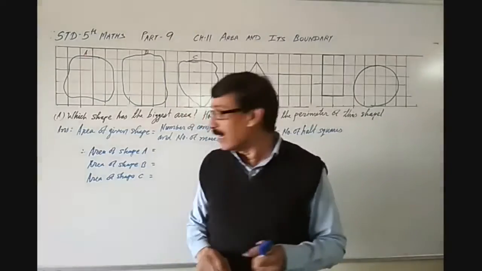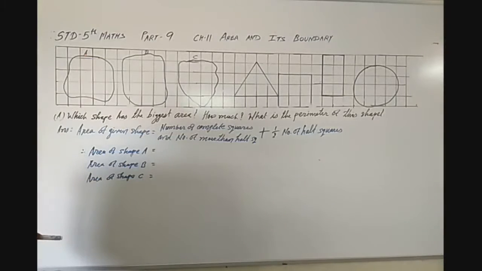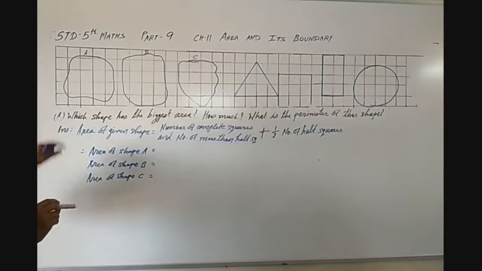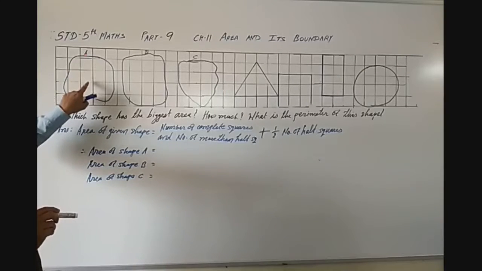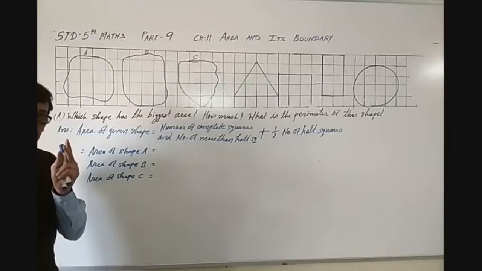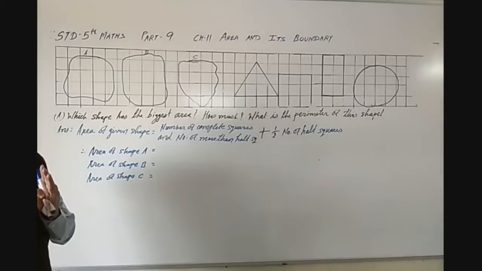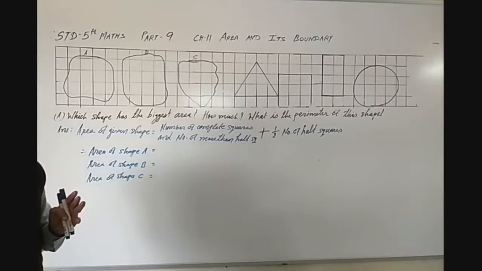Okay, to find out the area of this A shape, what we should do? First of all, we should find out the complete squares. How many complete squares are there? Remember that we have to find out the complete squares as well as the squares more than half.